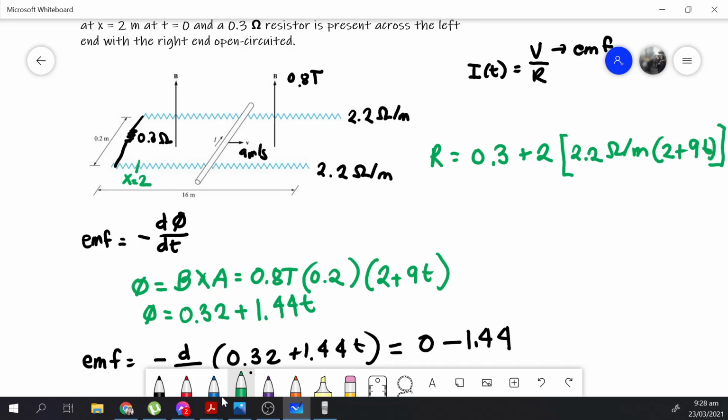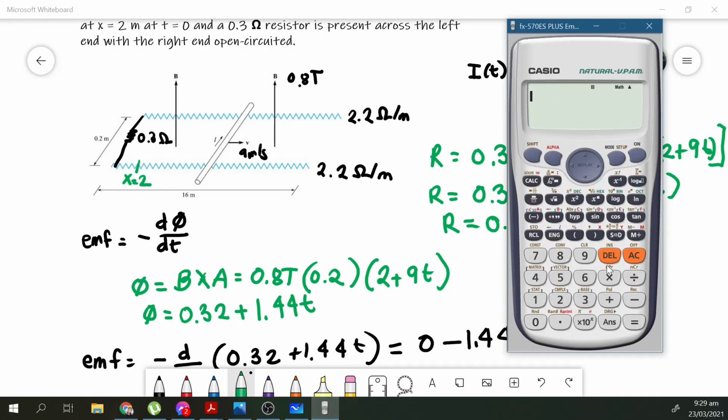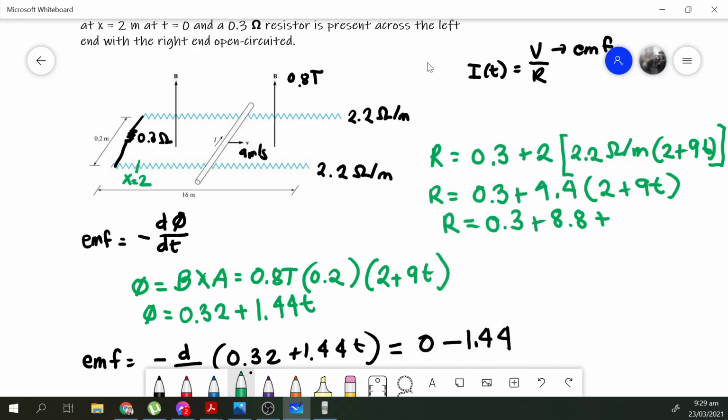Therefore, our resistance is equivalent to 0.3 plus 4.4 multiplied by (2 plus 9t). We can further simplify. So R is equivalent to 0.3 plus 8.8 plus 4.4 times 9t, so we have 39.6t.